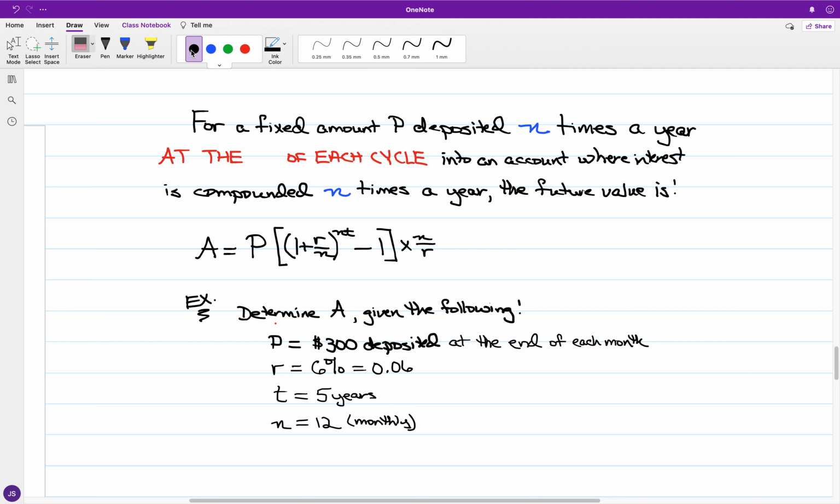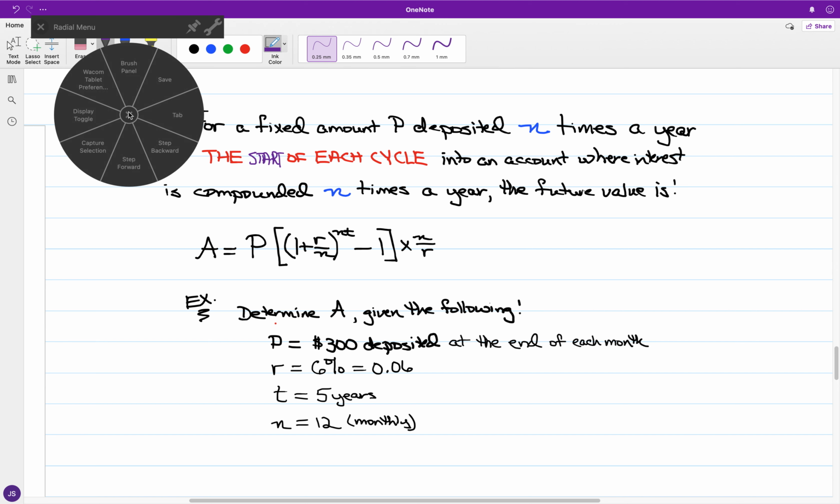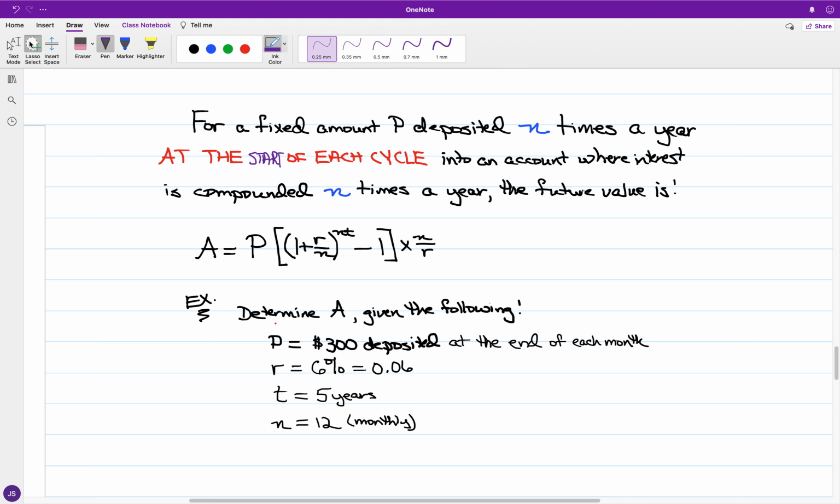Say we have a fixed amount P, deposited N times a year at the start of each cycle into an account where interest is compounded N times a year. The future value is going to be the same annuity formula, at least that part is going to be part of the process.